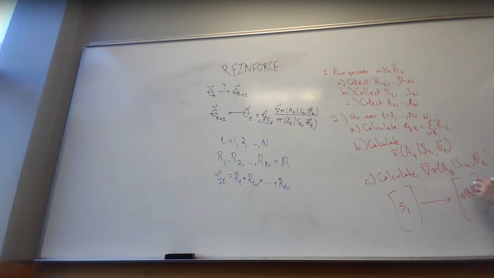You'll look at the action you actually took, and you will differentiate that number with respect to all the weights. And that will create a big vector. And it's not with respect to the state, it's actually with respect to the weights in here.